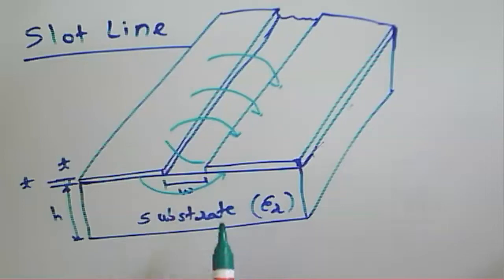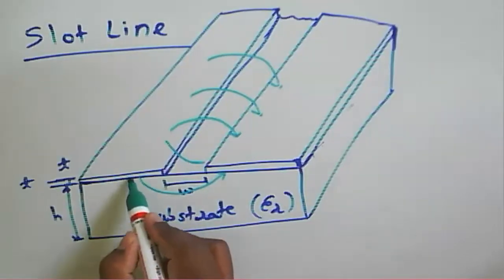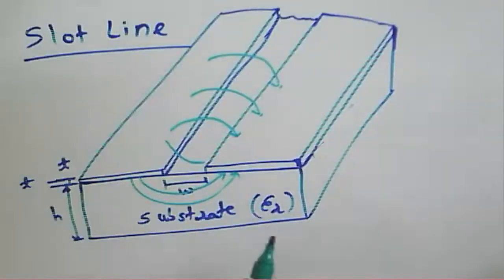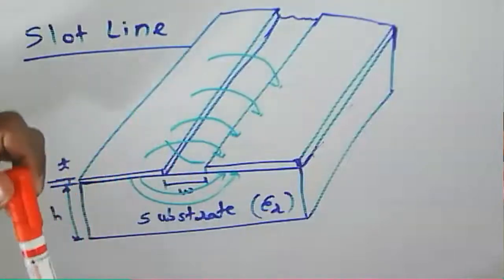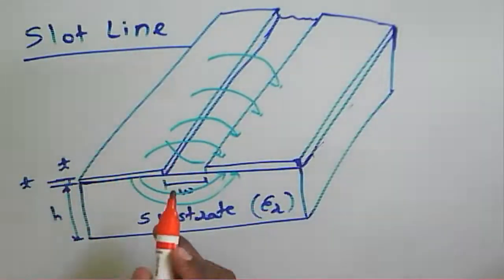So this is the electric field line distribution. But the magnetic field line distribution will be difficult, because around this particular conductor there will be a field, and the field will be likewise.